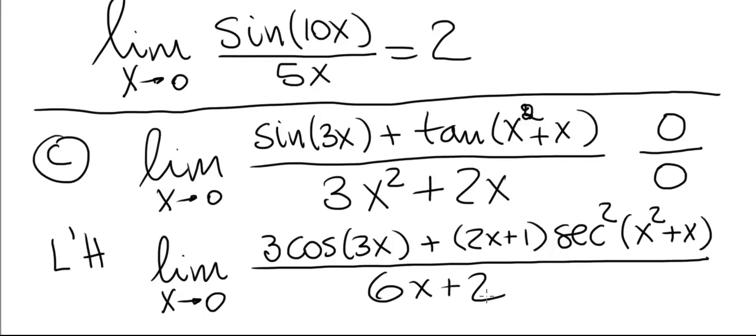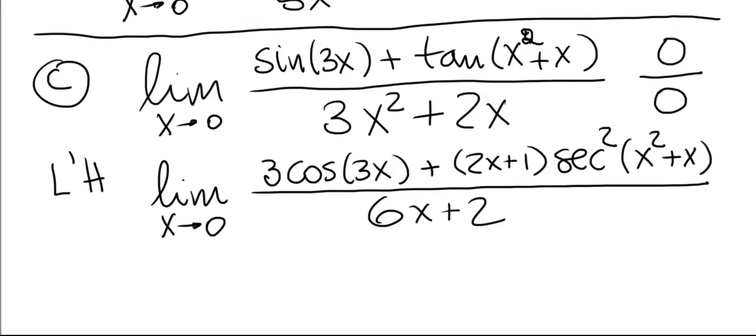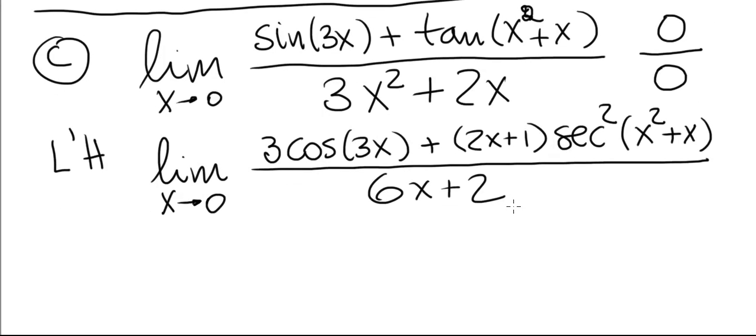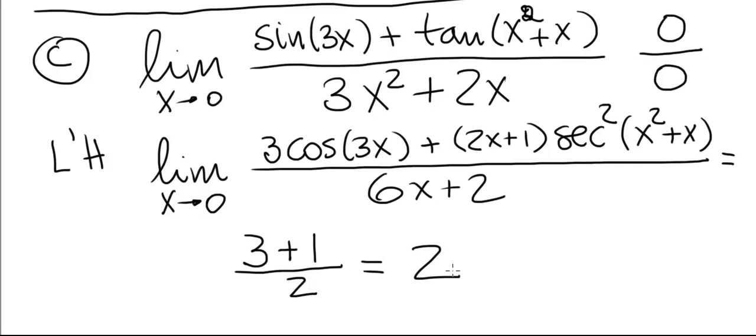Now, as x goes to 0, you can see that the function now does not give us indeterminate form 0 over 0. 3 times cosine of 0 is 3, and 2 times 0 plus 1 is 1. Secant squared of 0 is also 1. So in the numerator we get 3 plus 1. In the denominator we get 0 plus 2, which is 2. And the final answer is 4 divided by 2, which is 2.